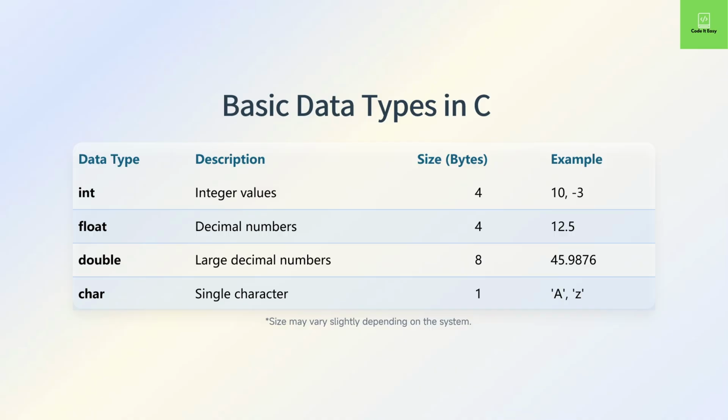Example: 12.5. Double is used to describe large decimal numbers. Its size is 8 bytes and an example is 45.9876. Char is used to describe single characters. Its size is 1 byte. Example: A and Z.